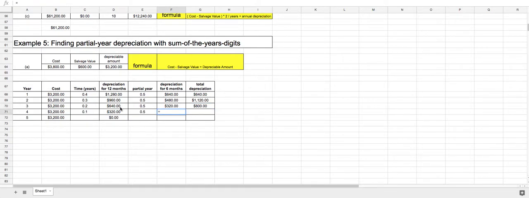Last one, 320 times partial year, we'd be at 160. And then for this one, we're taking 320 plus 160. And then for the last year, it would just be 160 plus this amount.